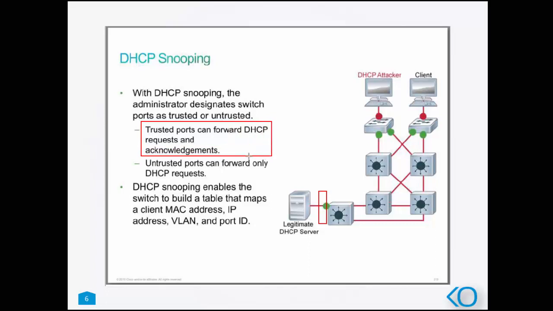The rest of the ports will become untrusted, so that an untrusted port can only forward DHCP requests. Whenever we enable DHCP snooping on a switch, the switch will build a table that maps a client MAC address, IP address, VLAN, and port ID.